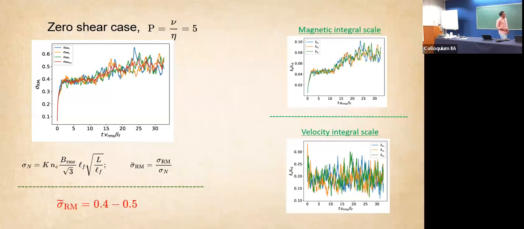Here I have shown the velocity integral scale. This is 20% of the size of the box. This value is smaller than that, meaning the integral scale of the magnetic field is smaller than the velocity integral scale. This is actually the small scale dynamo, because of which the integral scales of the magnetic fields are lesser than the velocity integral scales.